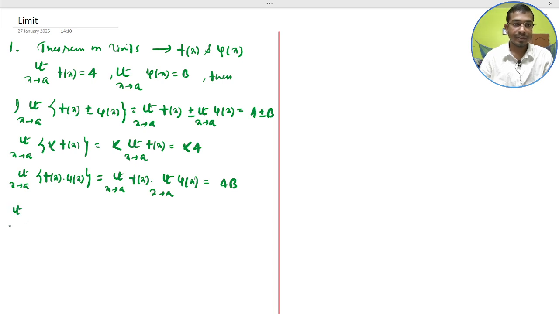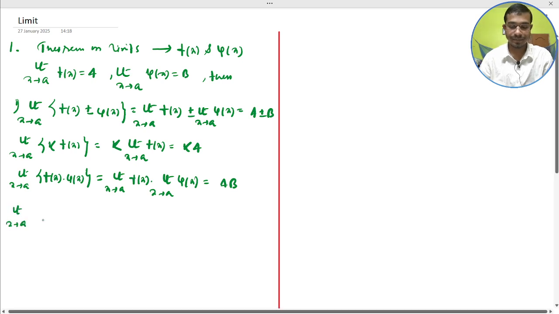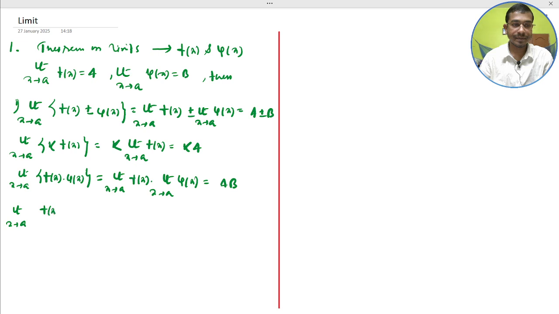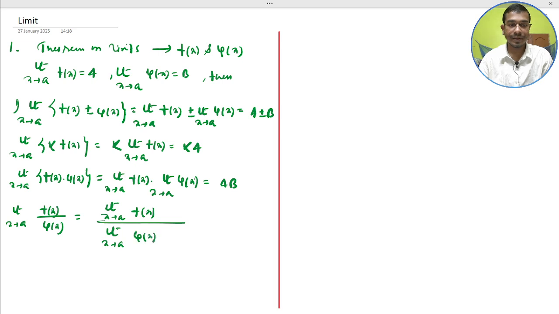Next, limit x tends to a of f(x) by phi(x), the quotient form. Previously it was multiplication, so this becomes the limit of f(x) with the denominator limit x tends to a phi(x), that would become a by b, provided b should not vanish.